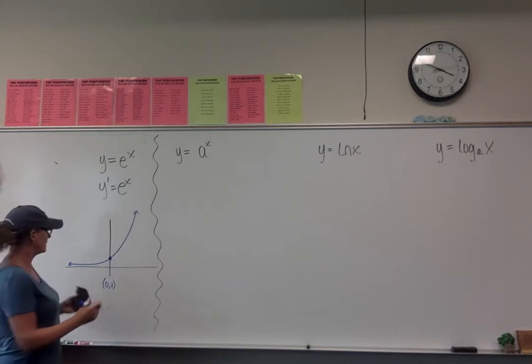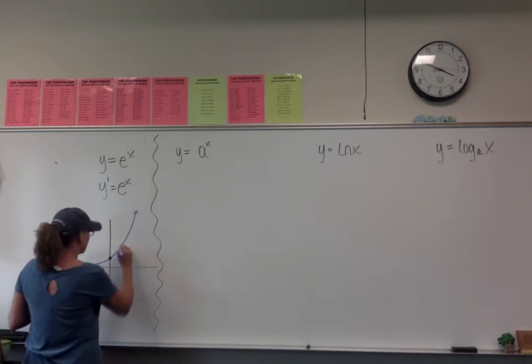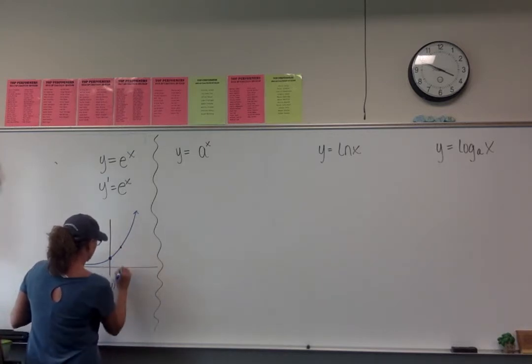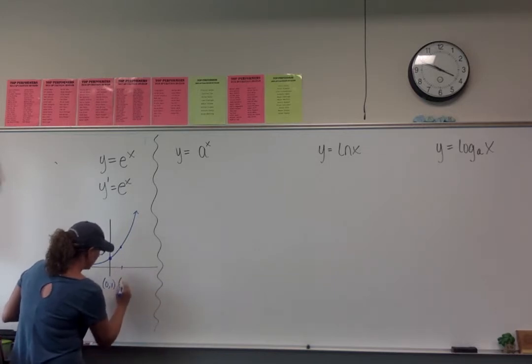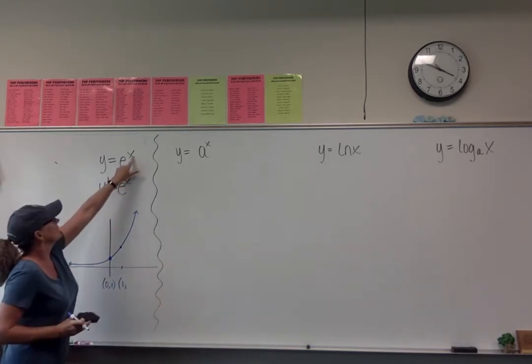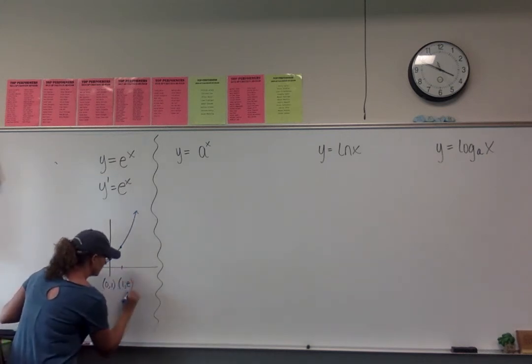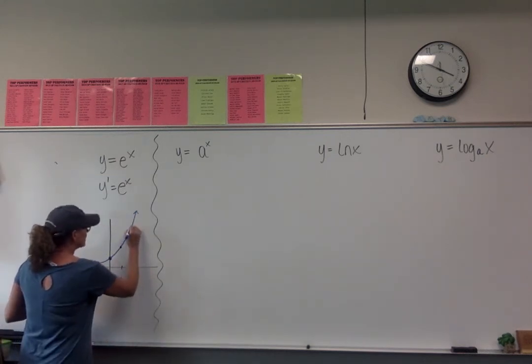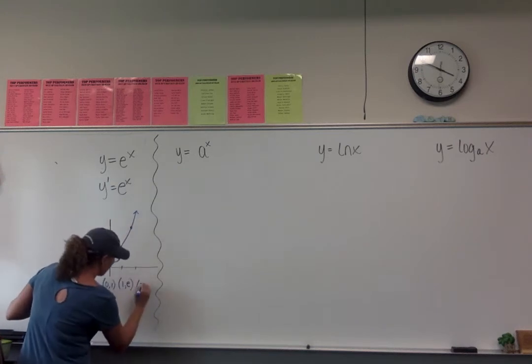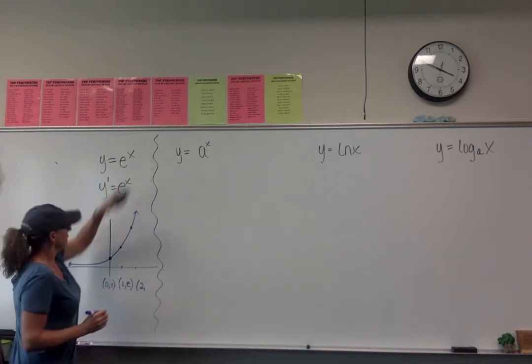Let's look at some other points on here. What about when x is 1? I have the point 1 comma e to the first. What about when x is 2? I have the point 2 comma e squared.